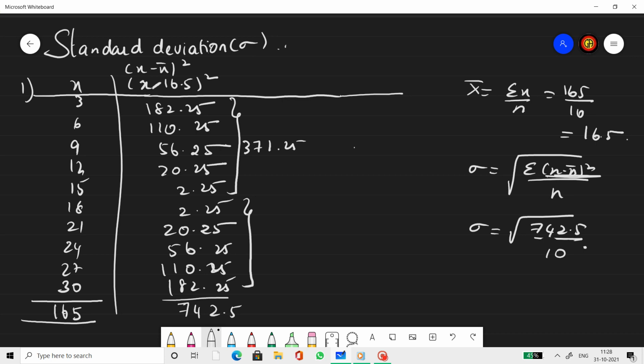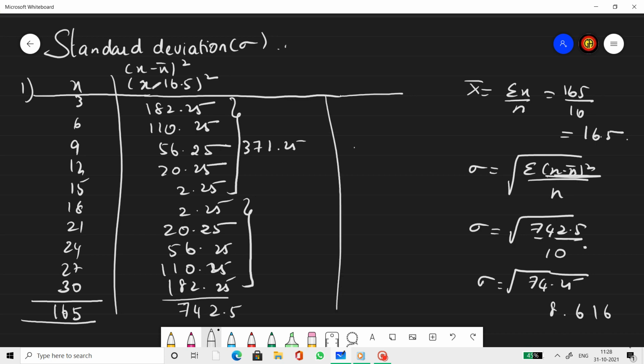So it will be root over 74.25. So now let's find the square root of 74.25, which is 8.616. Now this is the SD value, the standard deviation value.